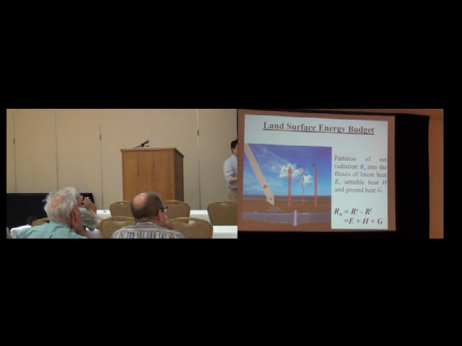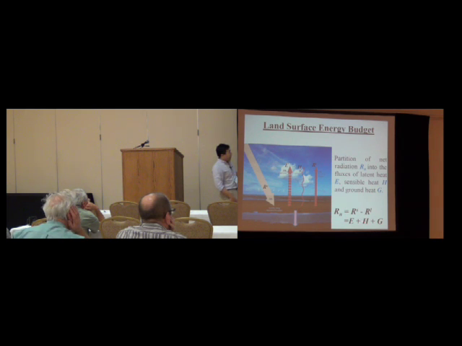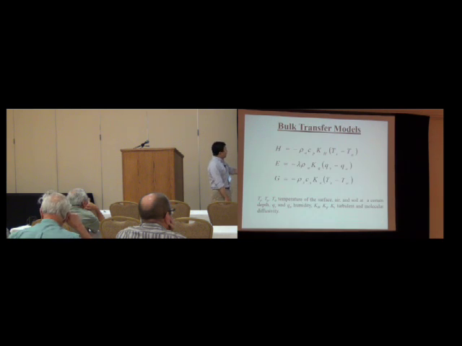Of course, if we know the total energy input into the Earth's surface, we don't know each of the components, how much it is. So we need more information. The question is, what additional information allows us to determine, given the total energy, each component of the energy balance equation described here? Again, E is evaporation, then the heat flux into the air, and the heat flux into the ground.